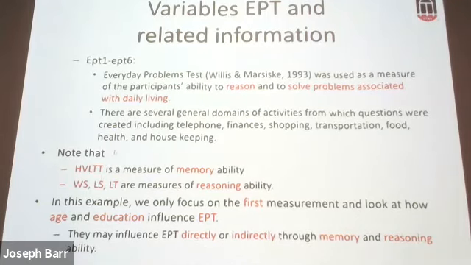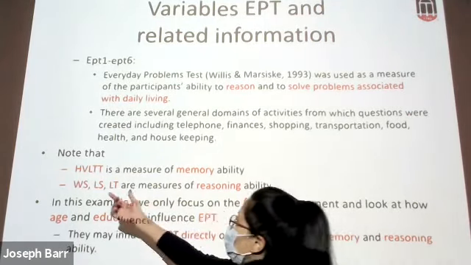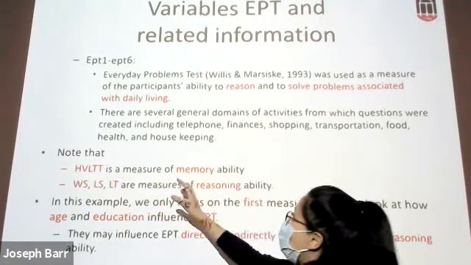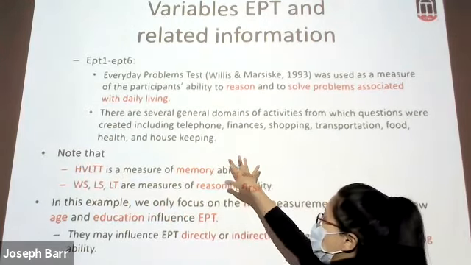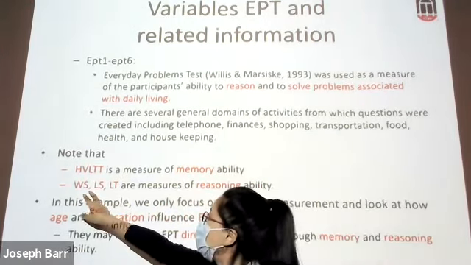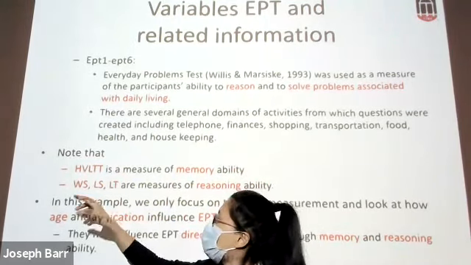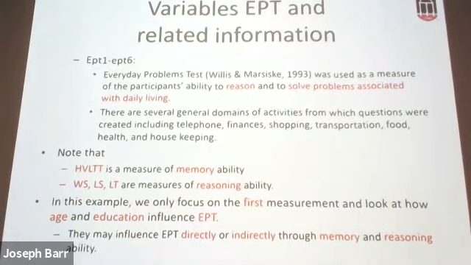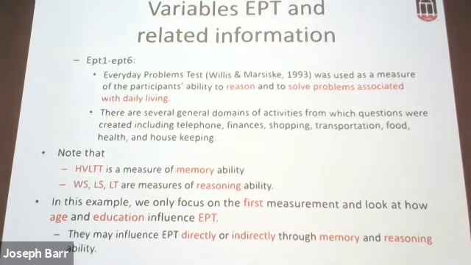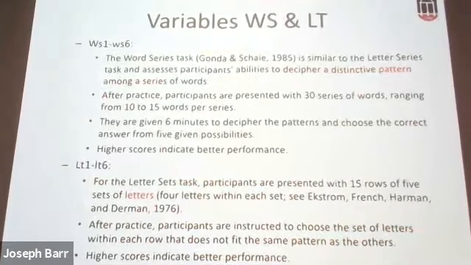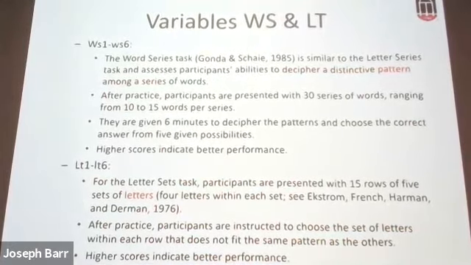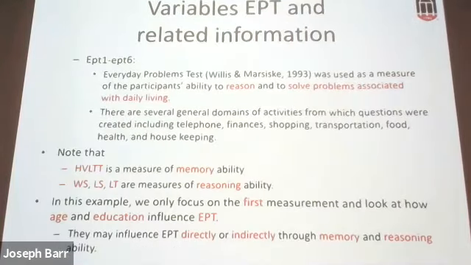So based on the description of all of these variables, we can tell that HVLTT is a memory ability test. And WS, LS, LT are reasoning ability tests. All of these involve reasoning to recognize a pattern and say what's the next letter or word.